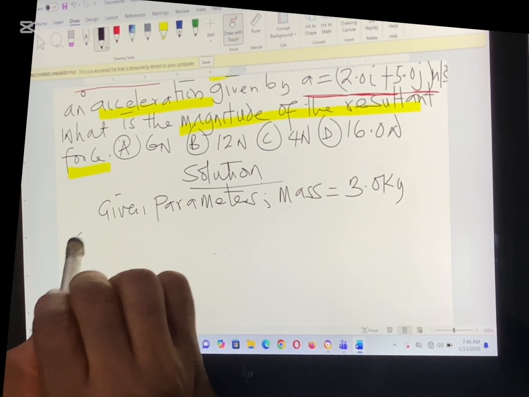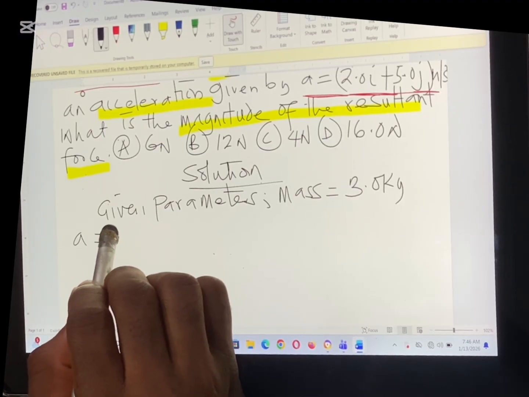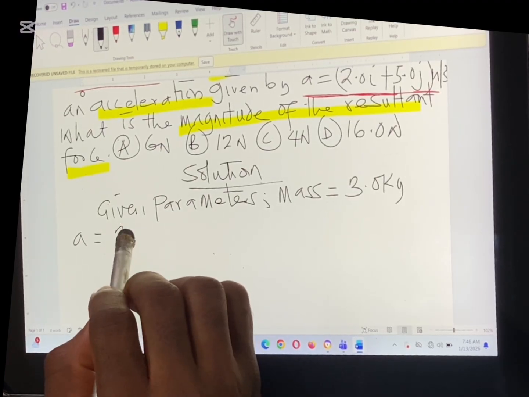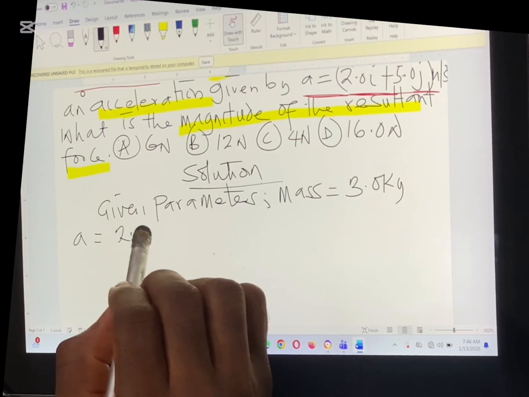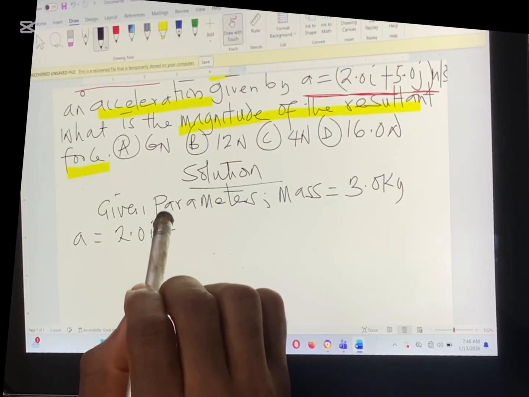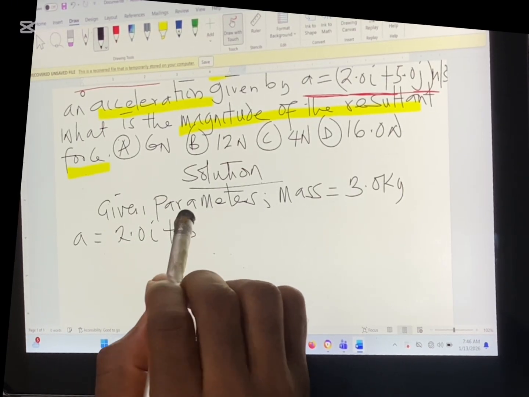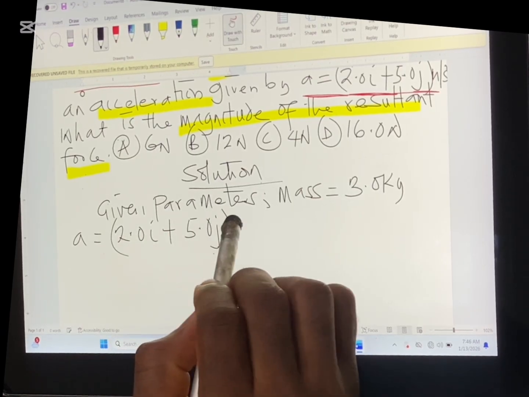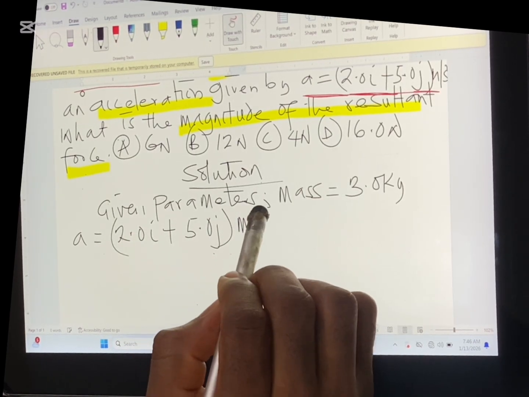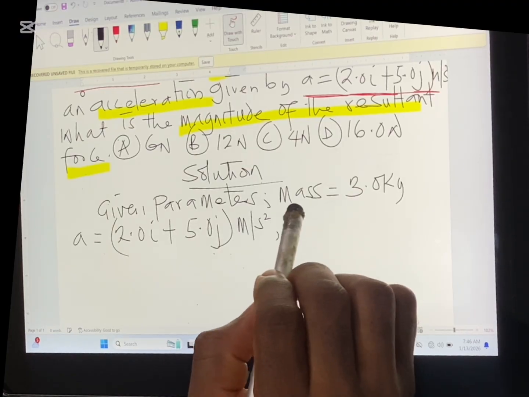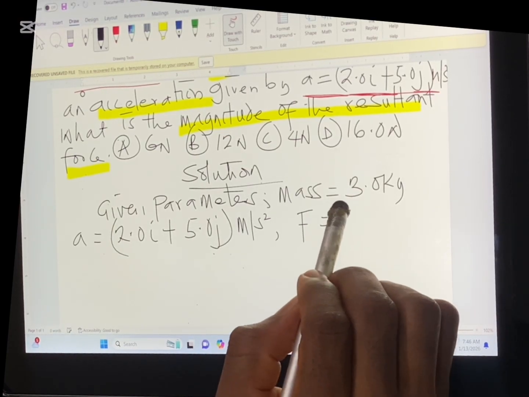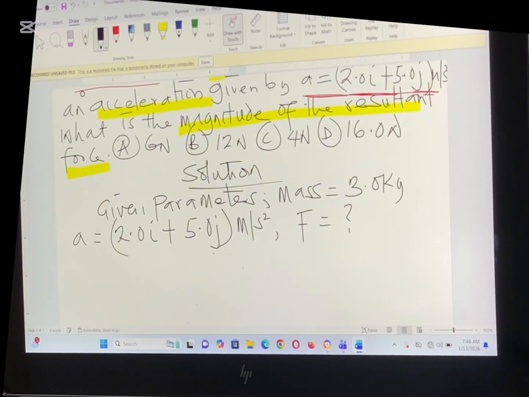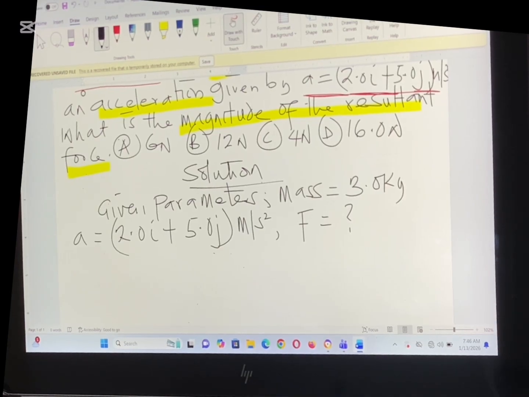The acceleration is equal to 2.0 i plus 5.0 j, all in meter per second square. And we are asked to find the magnitude of the resultant force.